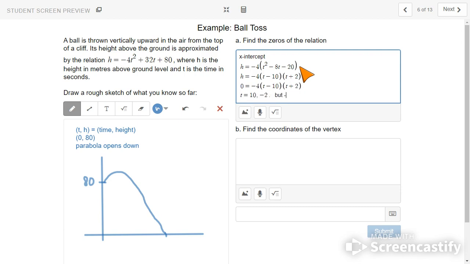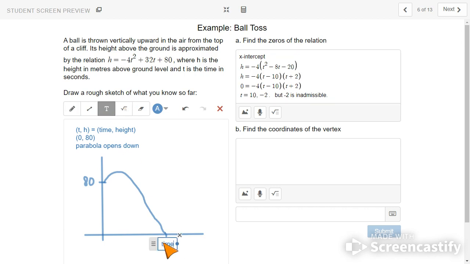But we can say that negative 2 is inadmissible. What that means is we're not going to take that into consideration because we know that time, being the x-axis, is not possible for us to have a negative value. So we're going to throw out the negative 2 and only keep the 10.